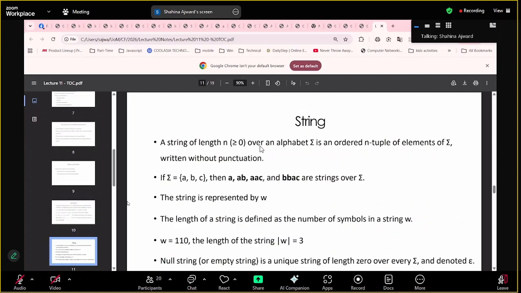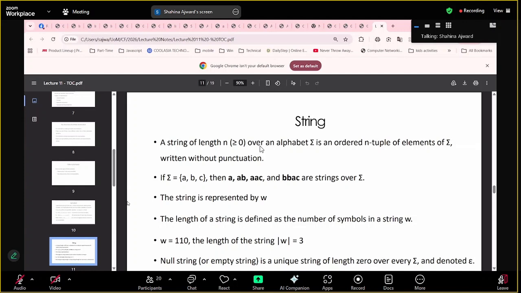When it comes to language, even in natural language, we have words. Technically we call them strings. These strings are made up of the alphabet characters that we define. Each language has predefined words.